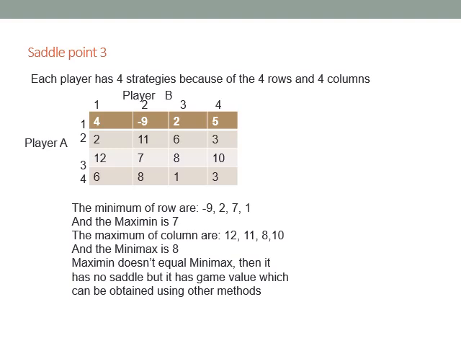Let's move to the columns. The maximum of each column: for the first column is 12, for column 2 is 11, for column 3 is 8, for column 4 is 10, sorry.